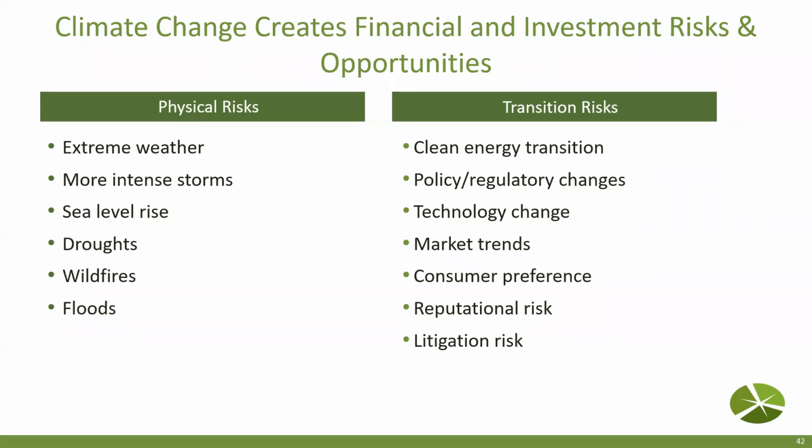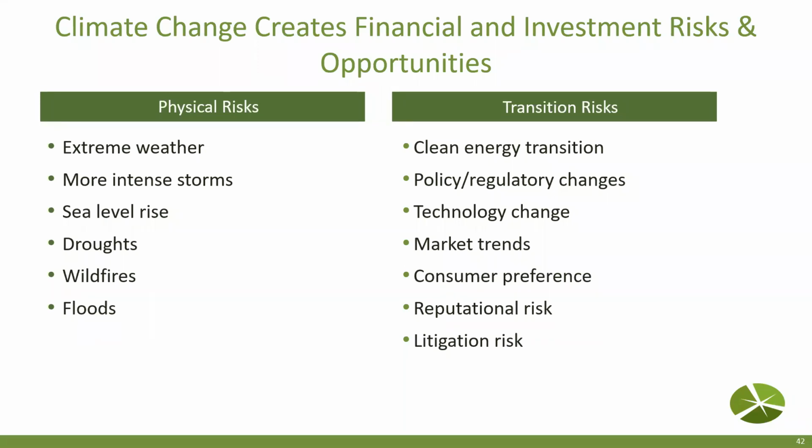The physical risks are probably fairly familiar and are in the news around the world. Some of the impacts: extreme weather, more intense storms, sea level rise happening faster than predicted, droughts. Much of sub-Saharan Africa is in drought, as is often our Southwest.